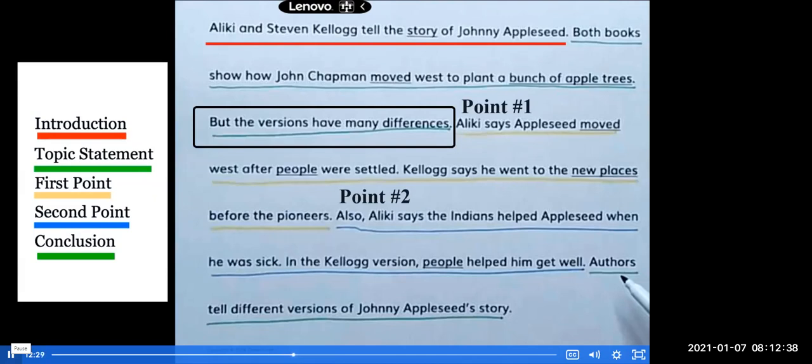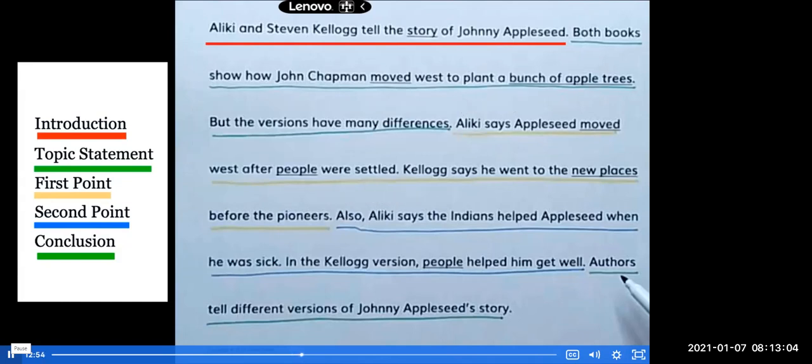Point number 2. Also, Aliki says the Indians helped Appleseed when he was sick. In the Kellogg version, people helped him get well. Both point 1 and point 2 are discussing the differences between the two versions. Both points support the topic statement.